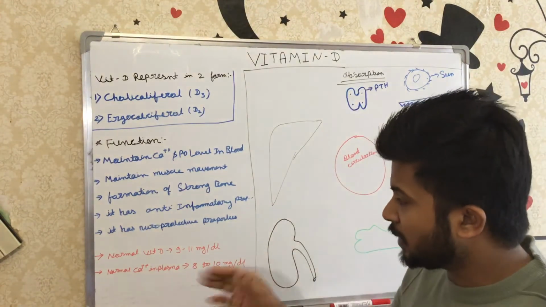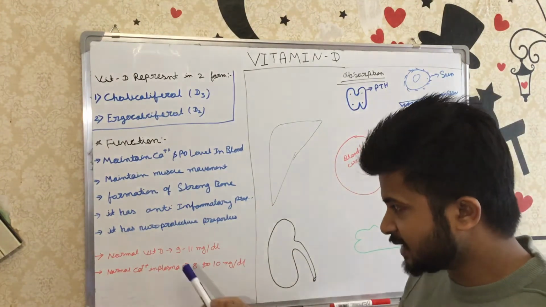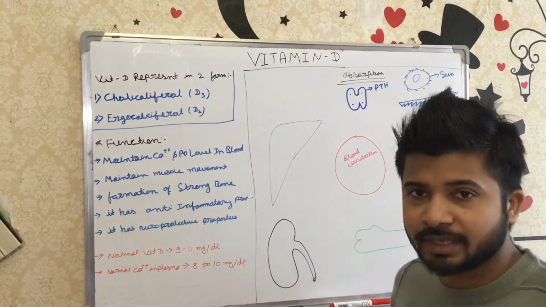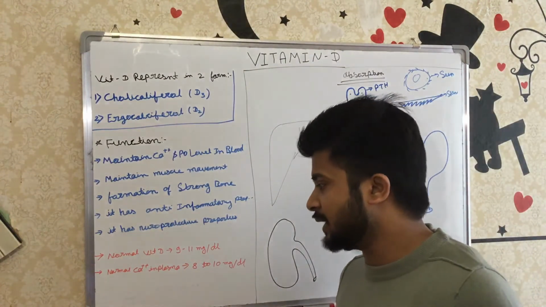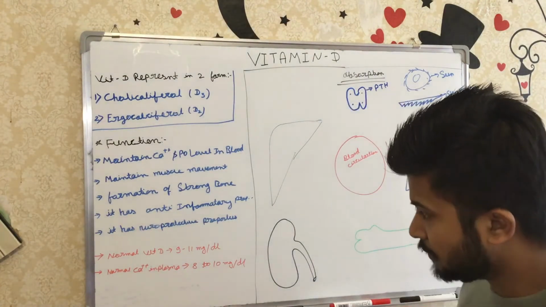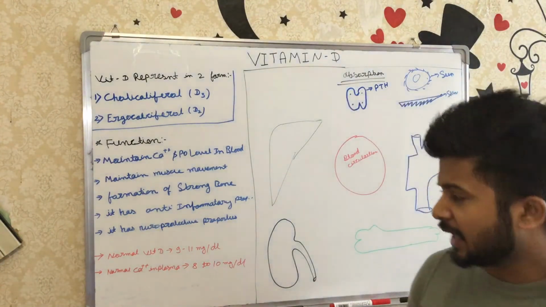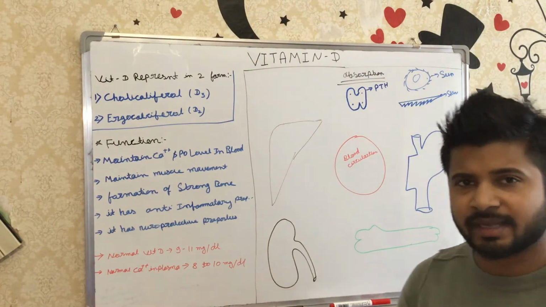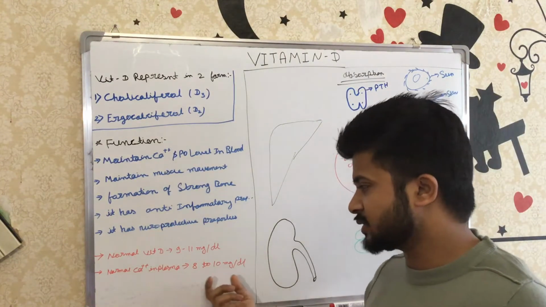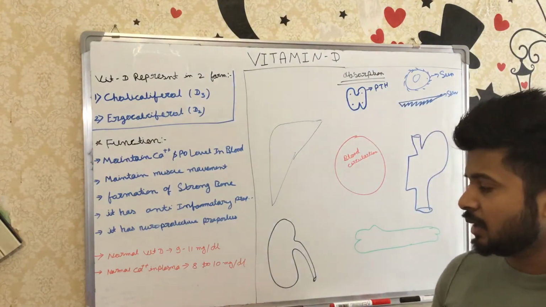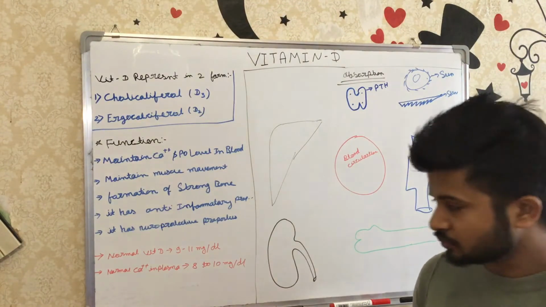The normal amount of vitamin D is 9 to 11 mg per dl, and the normal calcium in plasma is 8 to 10 mg per dl. In different books it can be 8.5 to 10.2, but for understanding purposes I approximately take 8 to 10 mg per dl.